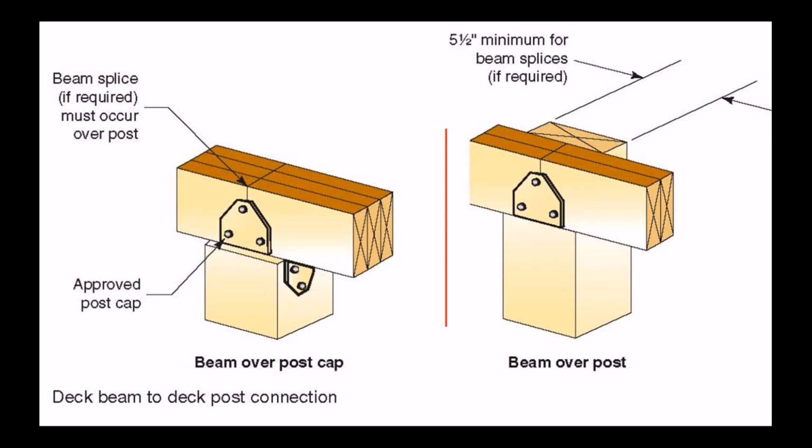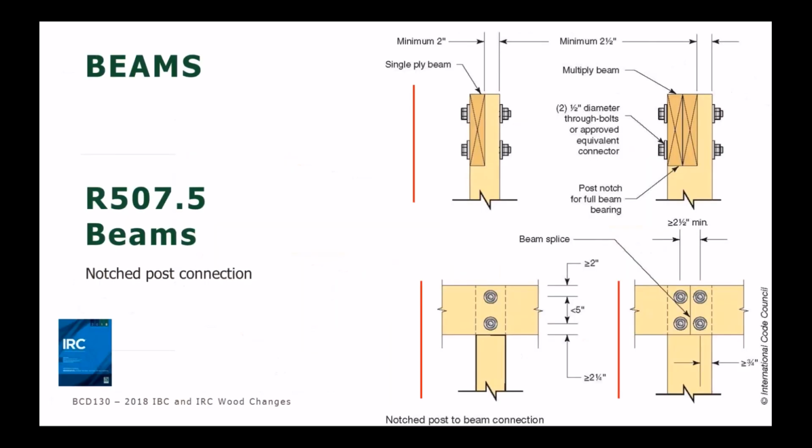But we do have the new image of a notched post with that beam coming in there. We also have some new images just showing a bolted connection and what that would look like, whether you have a splice there or not.